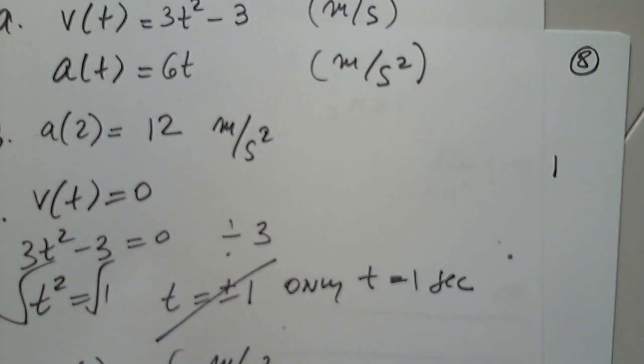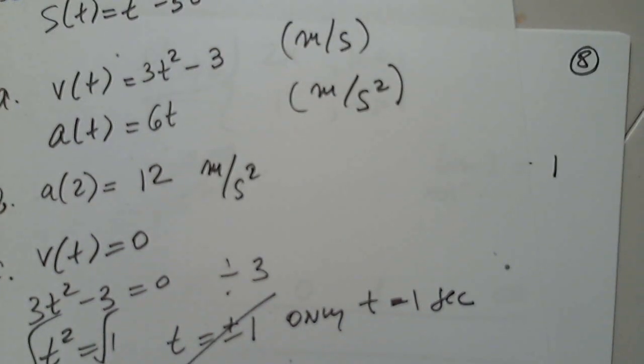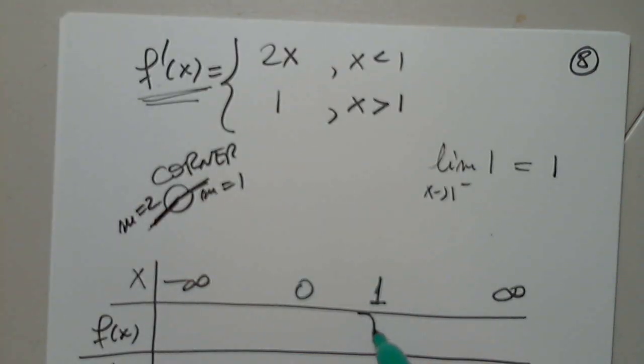So 1 is the key, but 0 has to be in the table. And here's 1. And remember, we have a parenthesis and we have a bracket. Yes, it happens that they will be the same. We already determined those limits.